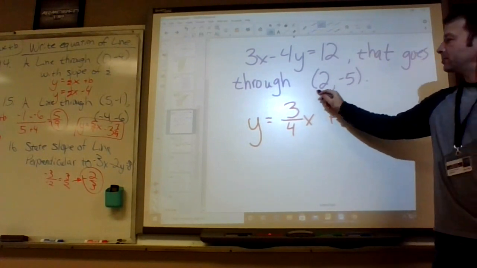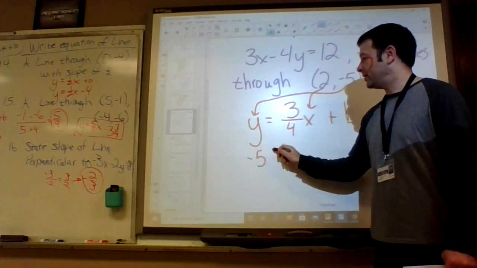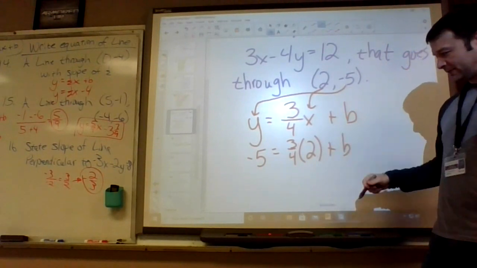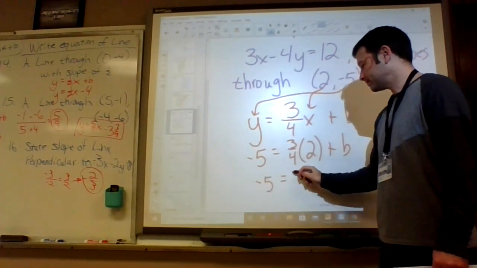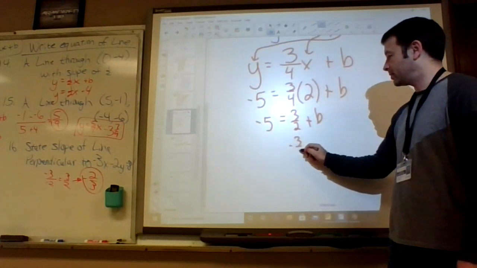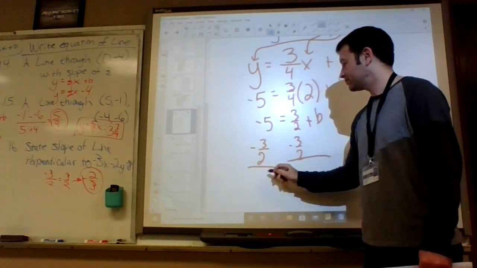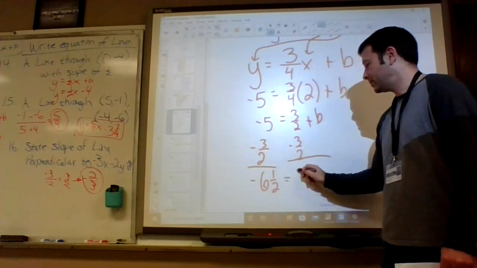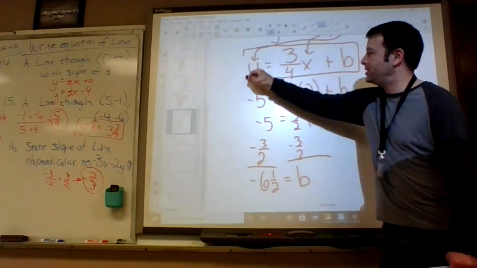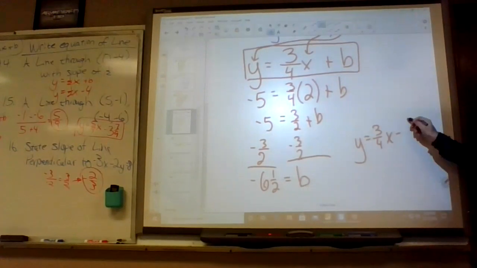Plug in the numbers again. -5 equals 3/4 times 2, which is 6/4, which is 3/2, which is like 1.5. If you're not good with fractions, just plug this in your calculator. So it should be like -6.5 for the b value. That's not really the answer. The answer is this thing right here, but replace b with -6.5.